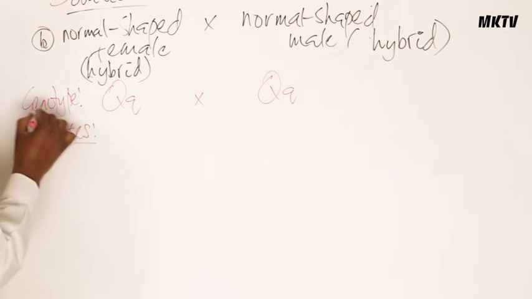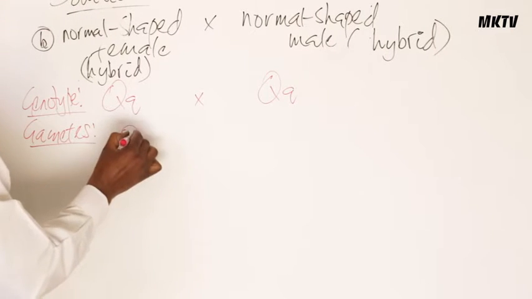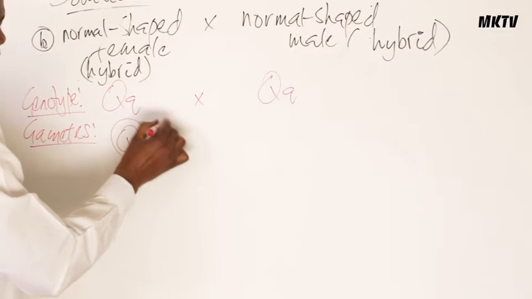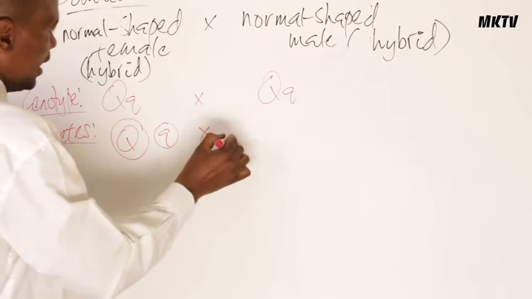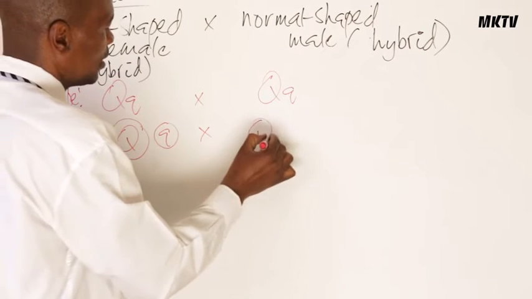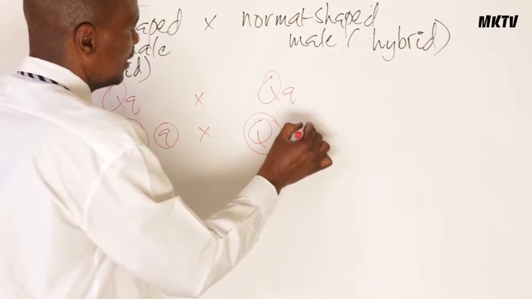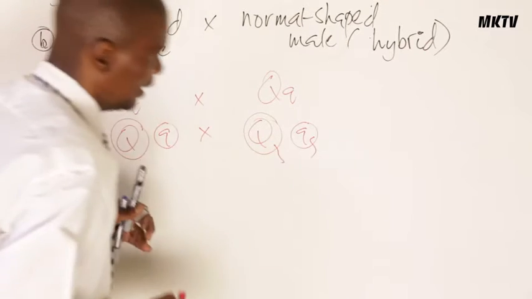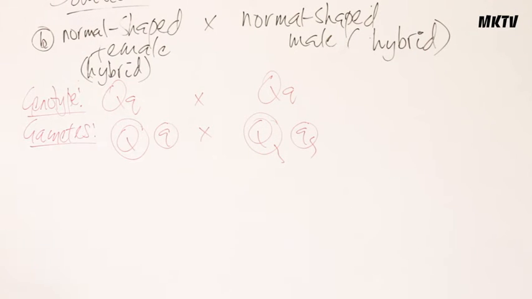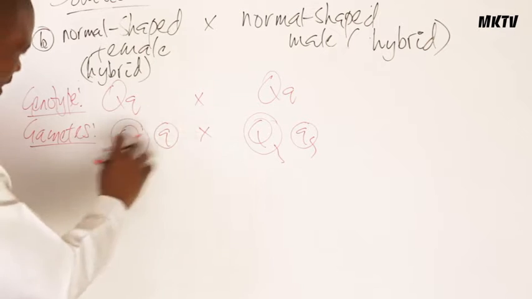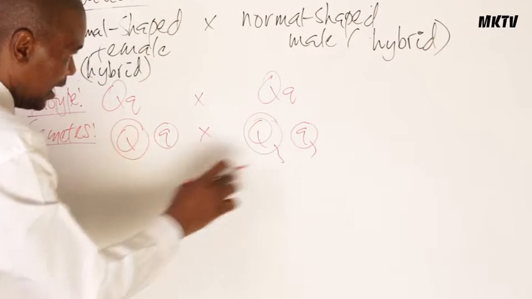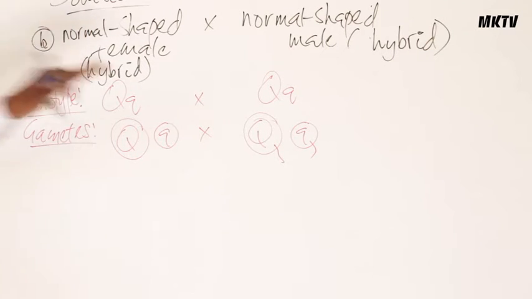So as far as gametes are concerned, we shall have eggs this side, and then the sperms this side, like that. I'm giving them tails just to show the difference between sperms and eggs. Always do that. This is how you get your full marks for this type of questions.